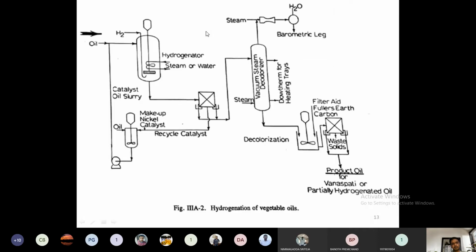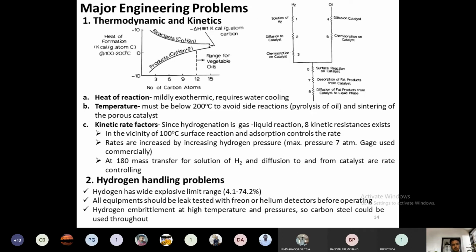A water coolant is needed inside the hydrogenator to keep the temperature near our desired value, below 200 degrees centigrade. So water coolant has to be used in order to control this slightly exothermic reaction.